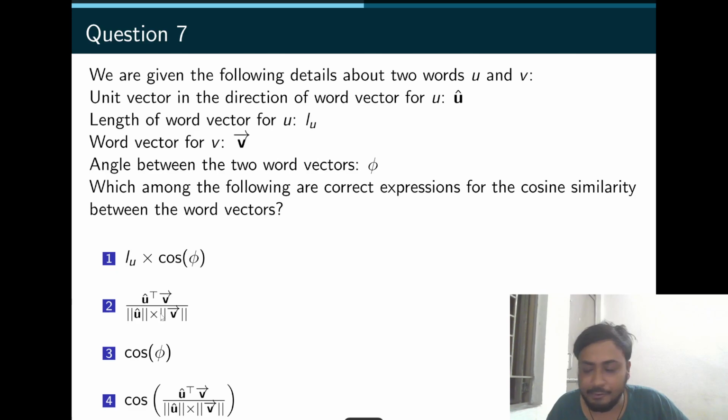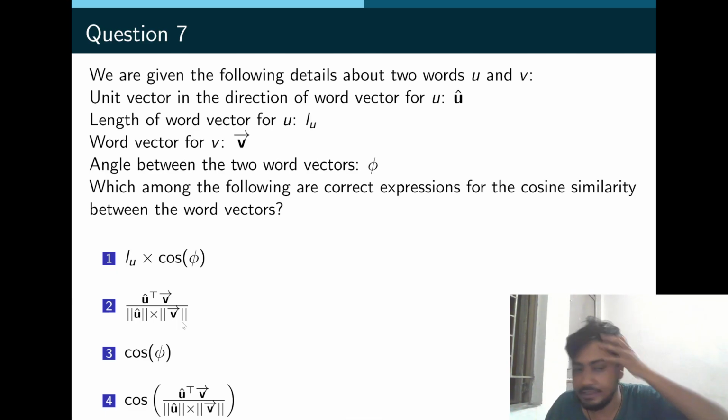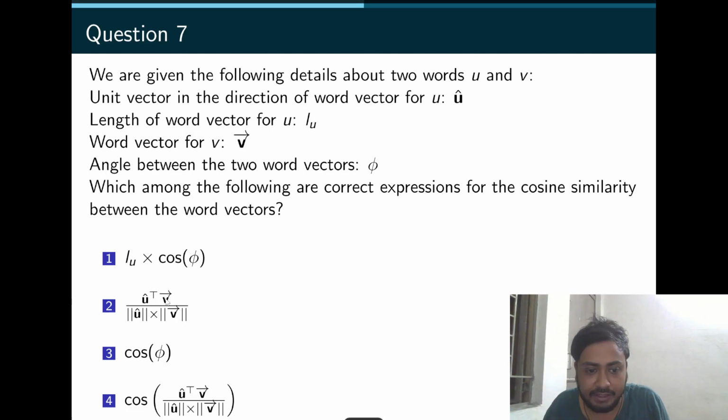If you know, when you do the dot product and normalize, that is actually the cosine similarity. Whatever be the vectors you are considering, the value you will get will be in the range of -1 to +1. Why is that? Because you are dividing both of them by their lengths.